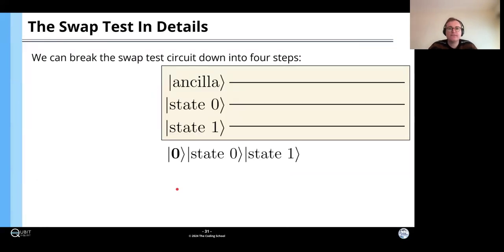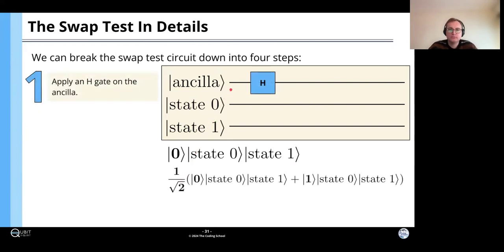Let's break this down into 4 steps. First of all, we have our ancilla bit and our 2 states. What we do is, written in kets like this, we first apply an H gate on the ancilla. We put it in an equal superposition. That means we go from this state up here to this state down here.